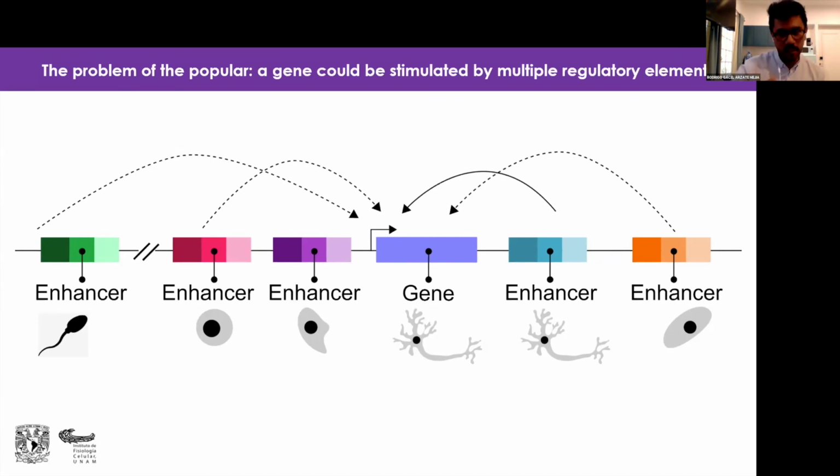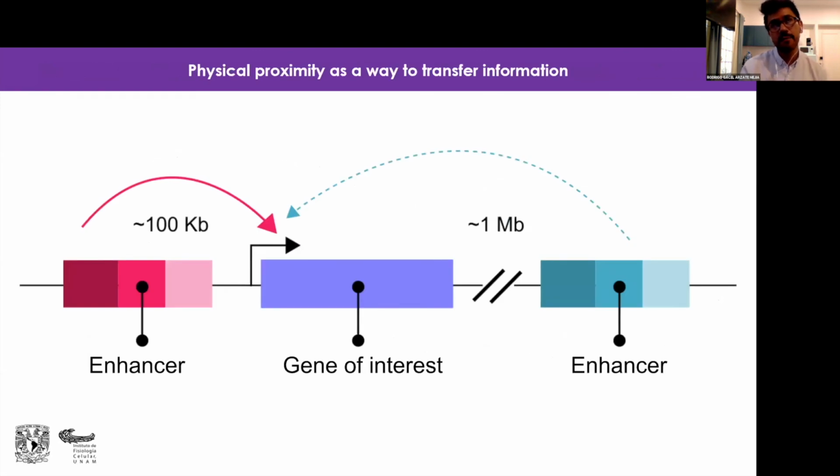We know from the work of many people that regulatory information between regulatory elements and their target genes can take place just by physical proximity, which means that regulatory elements like enhancers are just next to the gene of interest, and they can regulate that. But we also know that in many cases, the regulatory elements can be located very far away from the gene that they actually regulate.